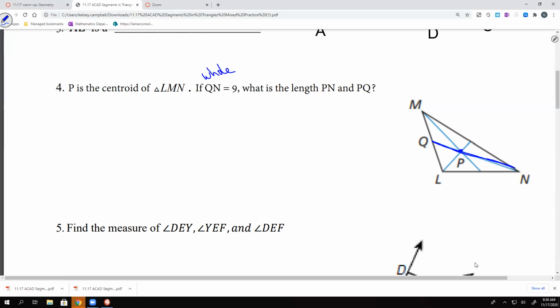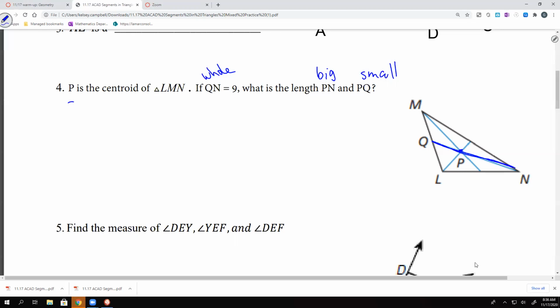And then they want PN and PQ. PN is the big one, yep, and PQ is the small. Okay, so how can we do this? What's your small one? Your small one is how much of the whole thing? 1/3.